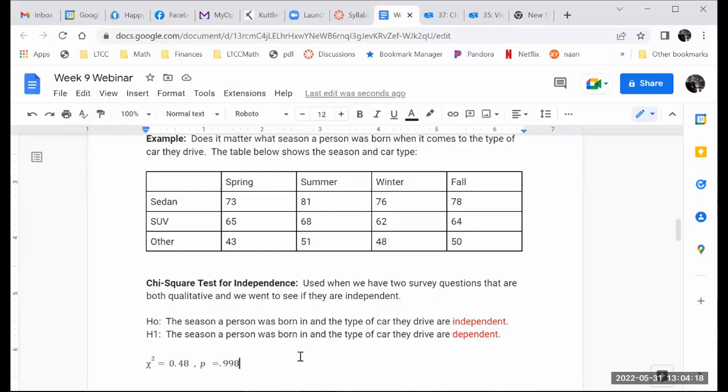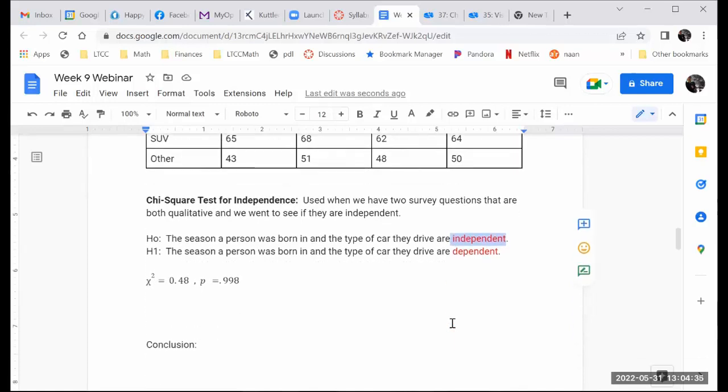Yeah, but remember, we don't use the word correlation. They are independent. Yeah, it means you can't say they're independent. There is not enough evidence to say they're not dependent. Yeah, so we have insufficient evidence.